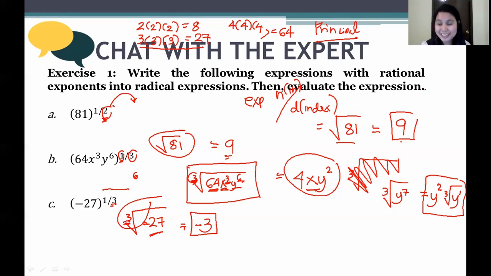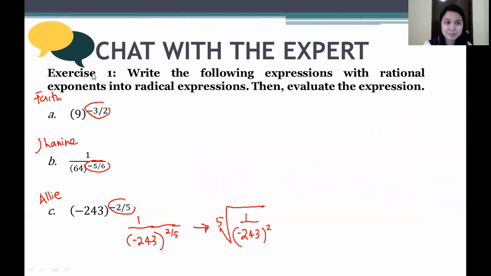So let's have more practice, okay? Let's go to the next one. How do we write this? Ready? Let's start with the index. Index is 2. It's okay not to write it. 9, negative 3.